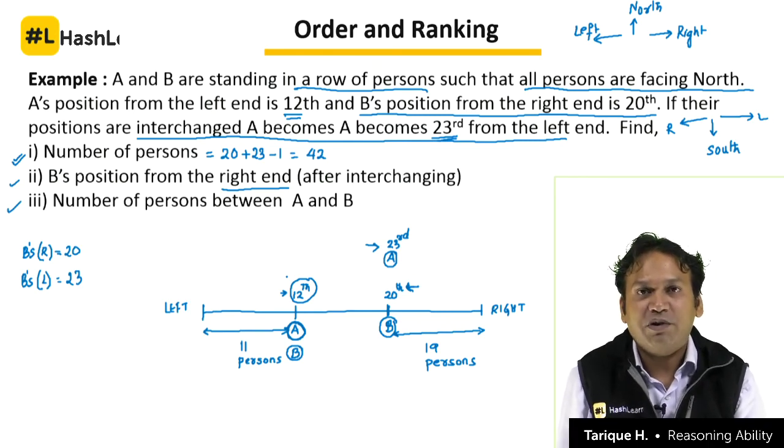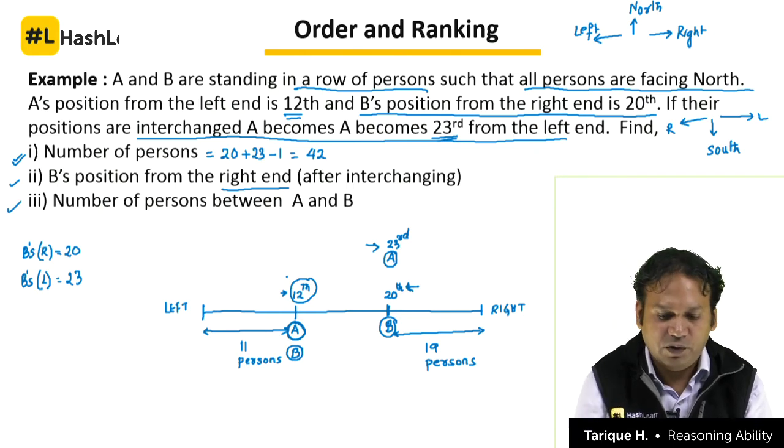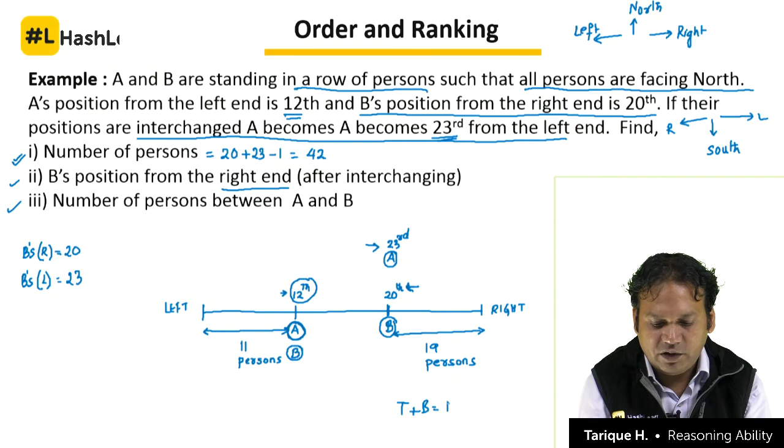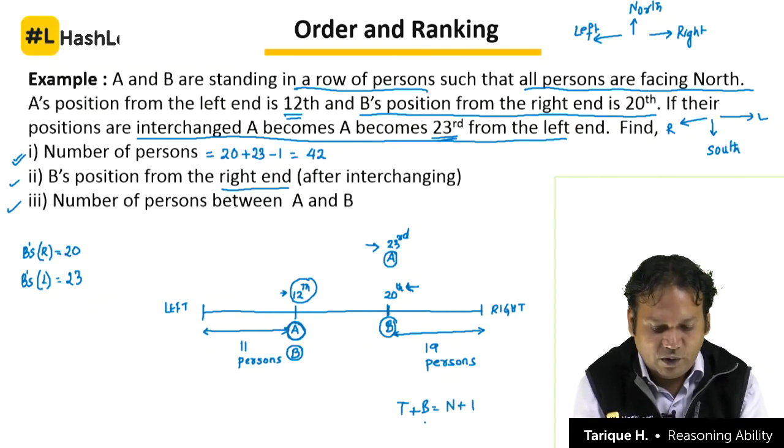So if we know the position from top, how do we find out position from bottom? We know again that position from top plus bottom is equal to number of persons plus 1. Clear? So position from bottom will become equal to n plus 1 minus t.